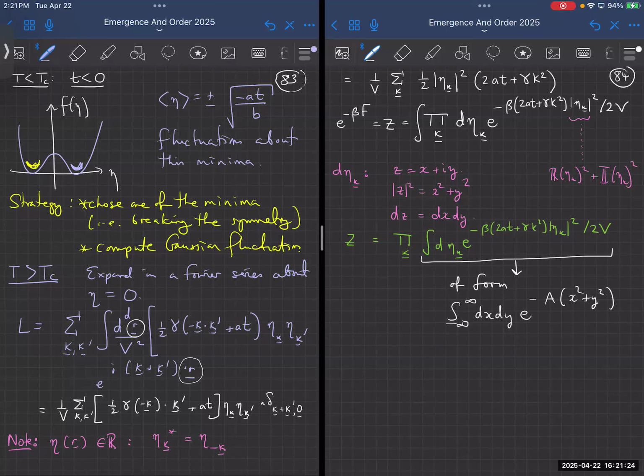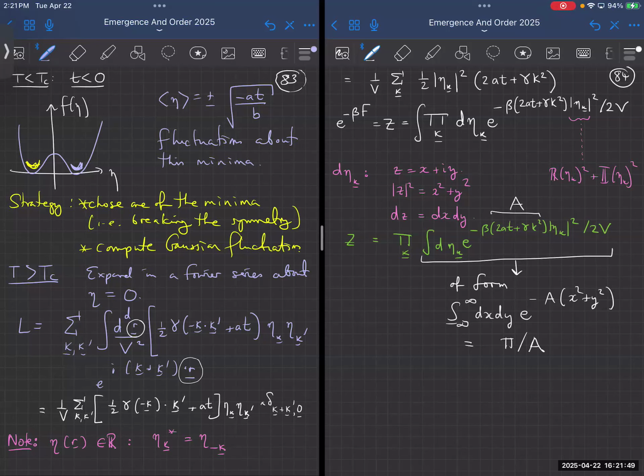So that's what it looks like, where a is this object that you can read off in here. Now I just have to do that integral, and we know this integral would be root pi over a if it was just one integral, but I've got a product of them. So this is actually equal to pi over a, because there are two variables.